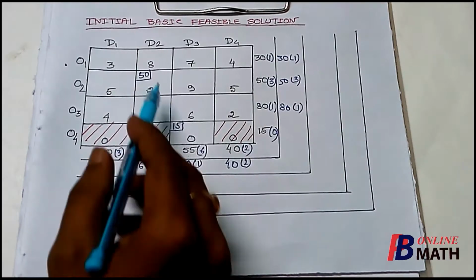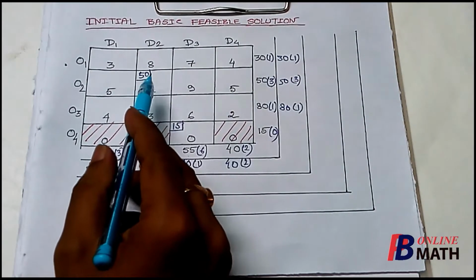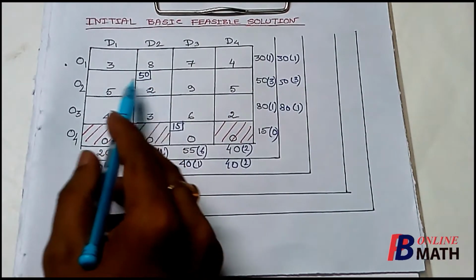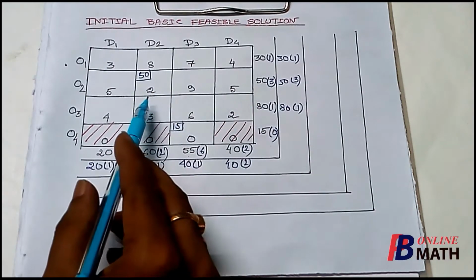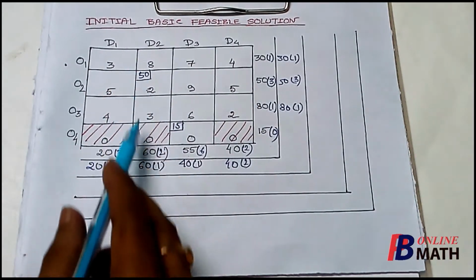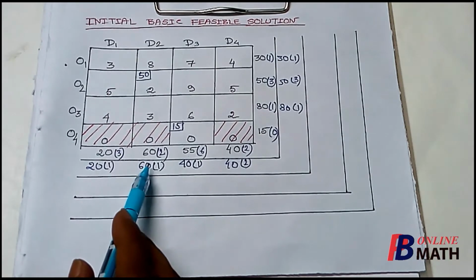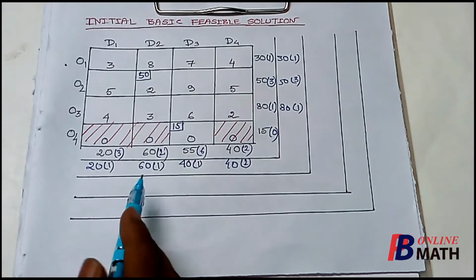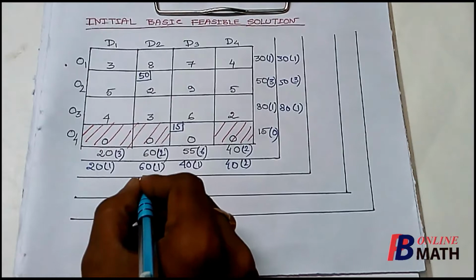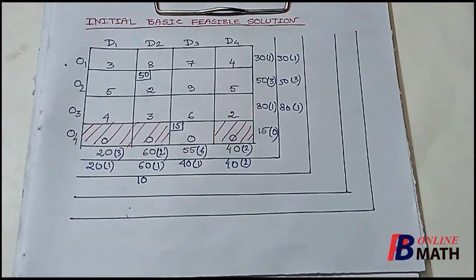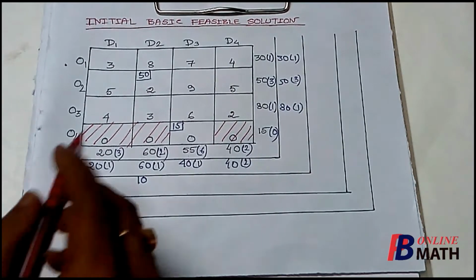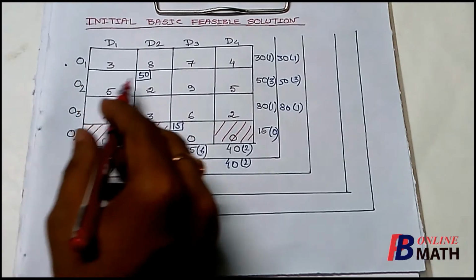Now if we allocate 50 here, then we find that the revised capacity of the origin O2 is 0 now, and the revised demand of the destination D2 is 60 minus 50, which is 10. So the capacity of the origin O2 is exhausted now, so we can simply cross off all the remaining cells of the second row.